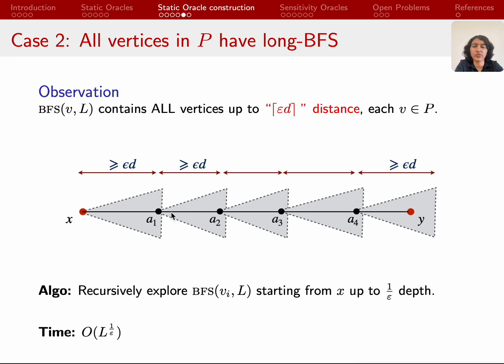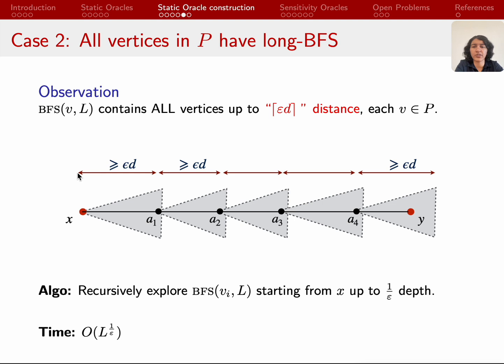Using this observation, we get a natural algorithm for tracing this x to y path, and what we do is just recursively explore the partial BFS tree starting from x up to just 1 plus epsilon depth.